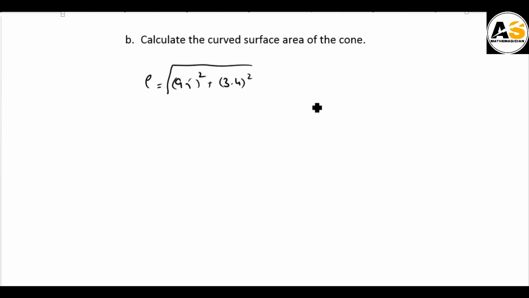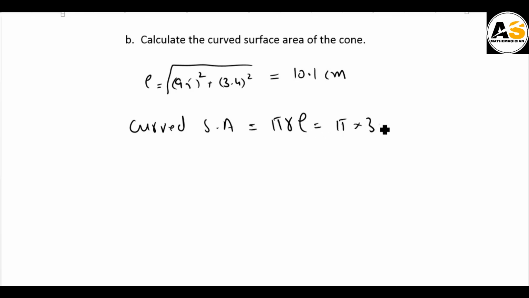With the help of calculator, you will find this slant height is 10.1 centimeter. Now what is the formula for curved surface area? Pi r L. Pi into 3.4 into 10.1, which will approximately be equal to 10.108 centimeter square. I hope this is clear.